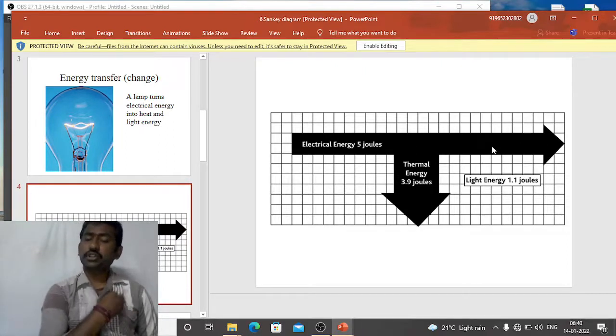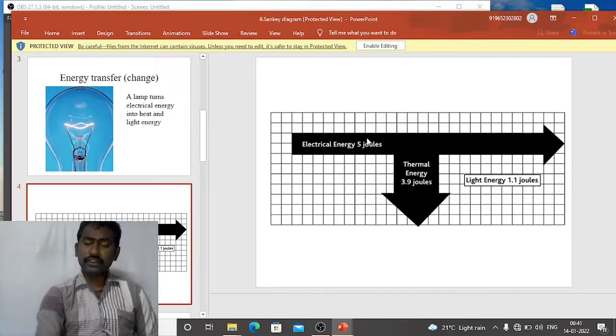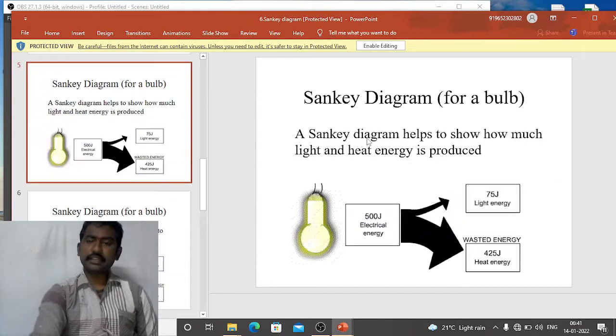That means in the total 5 joules of energy in the light, most of the energy is converted into thermal energy in the form of heat energy, and only 1.1 joules can be used as light energy. How these 5 joules are transformed in different ways is represented by Sankey diagrams.